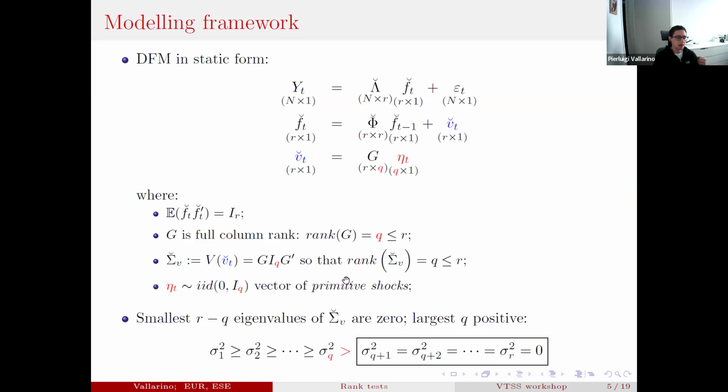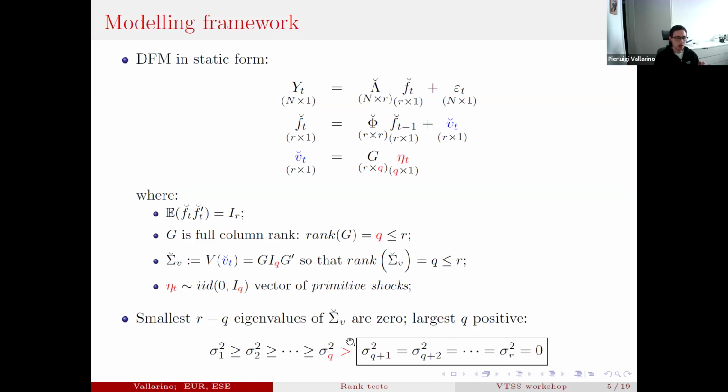Now, when q is smaller than r, like we said before, the smallest r minus q eigenvalues of the covariance matrix of V will be 0. Indeed, this covariance matrix, sigma-breve_V, will be given by G times G prime, so that it has rank q, which is at most r. And when the dynamic factors are strictly fewer than the static factors, the smallest r minus q eigenvalues are 0.